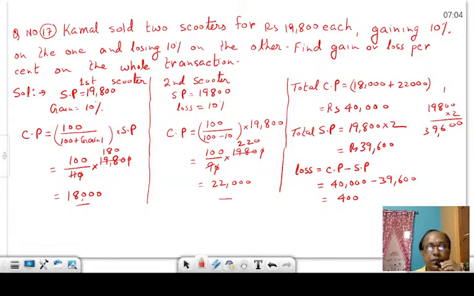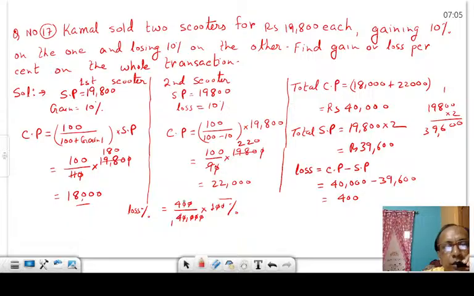Actually we have to find the loss percent, therefore we put the formula, right? If we want to find the loss percent, it is loss 400 by cost price, that is 40,000, into 100%, right? Therefore, this 0 will cut, this 0 will cut, and we are getting 1.